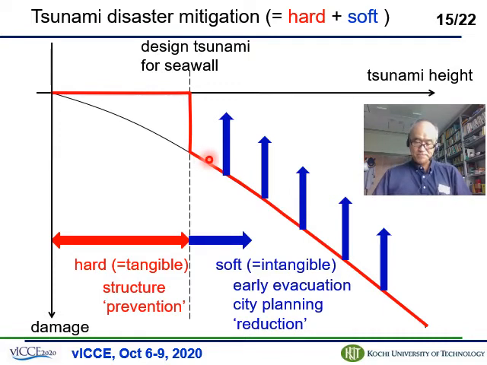However, before the 2011 tsunami, no specific tsunami height had been proposed for the soft countermeasures, which resulted in inconsistent evacuation plans implemented from one place to another.